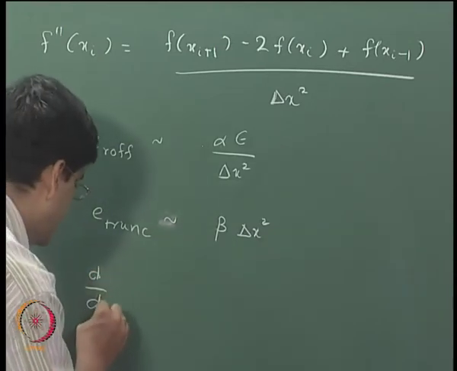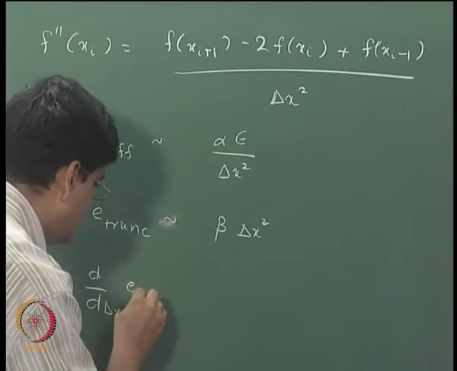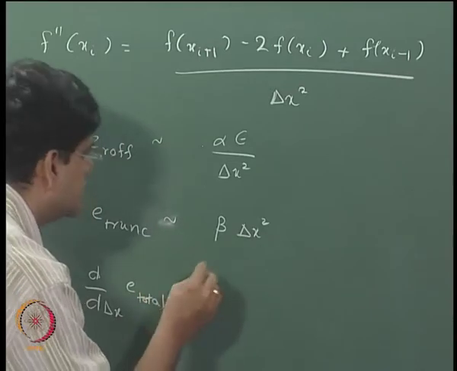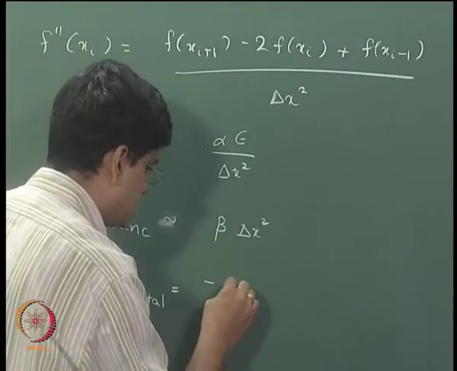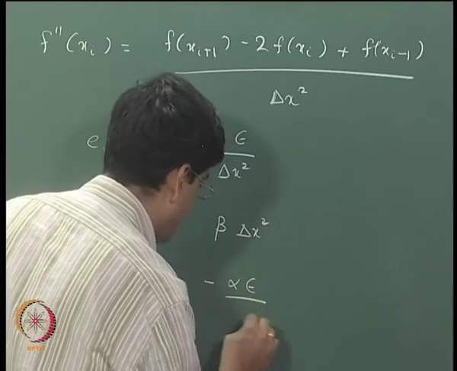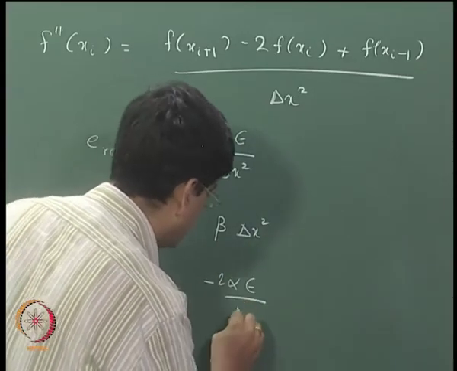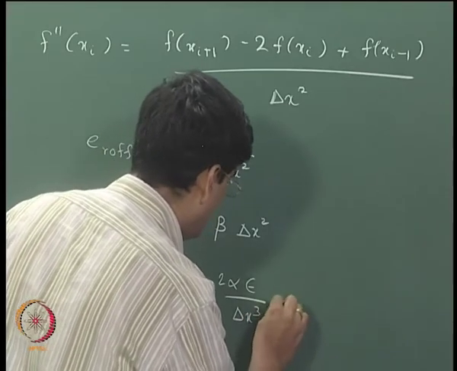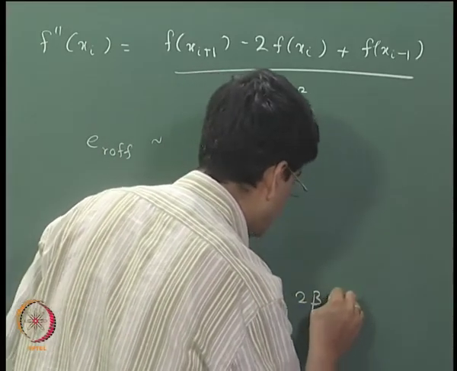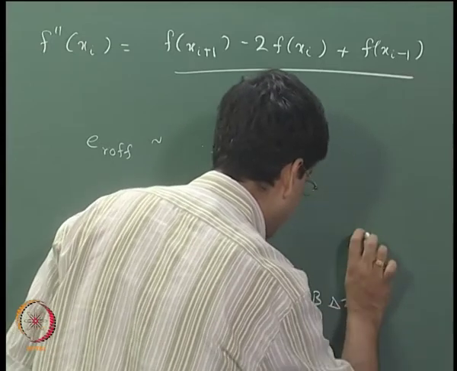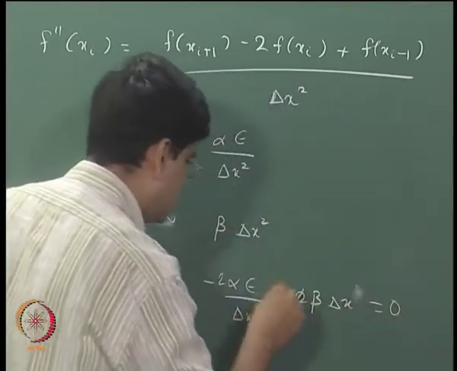So, d by d delta x of E total is going to be equal to minus 2 alpha epsilon by delta x cube plus 2 beta delta x equal to 0.